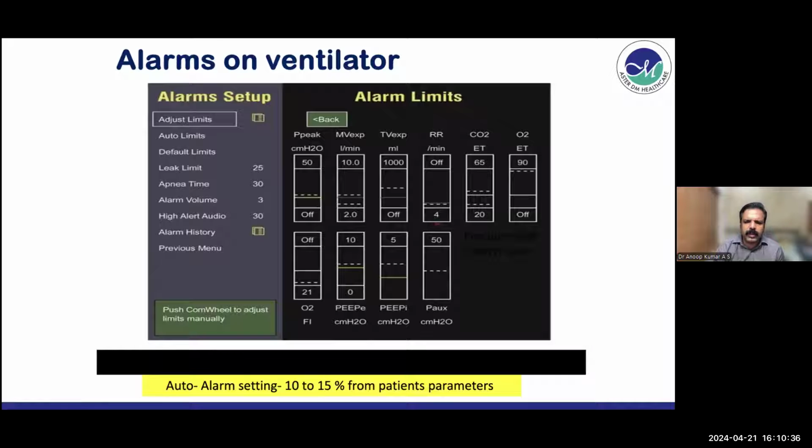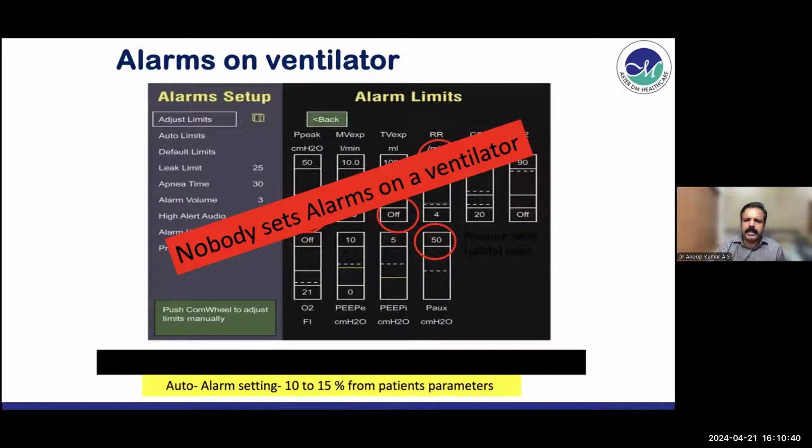This is the auto alarm setting, which I have already mentioned. Majority of the time we forget to set the alarms on a ventilator, and there will be some problem with the respiratory rate, etc. when you put the patient on a spontaneous mode. So that is also very, very important.